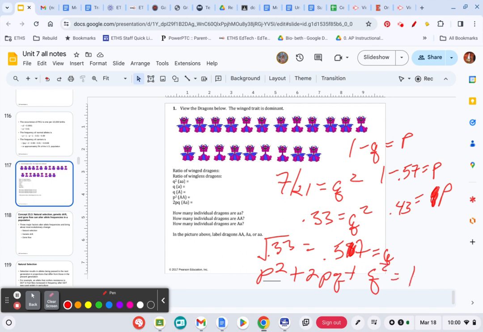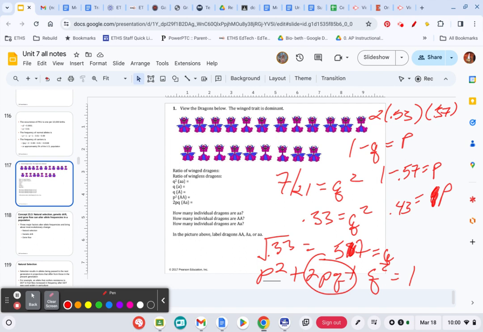If I want to know heterozygous, I can take 2pq, so 2 times p times q. That will get me how many dragons are heterozygous for the wing trait. And I could plug in p squared to find out how many are homozygous dominant.